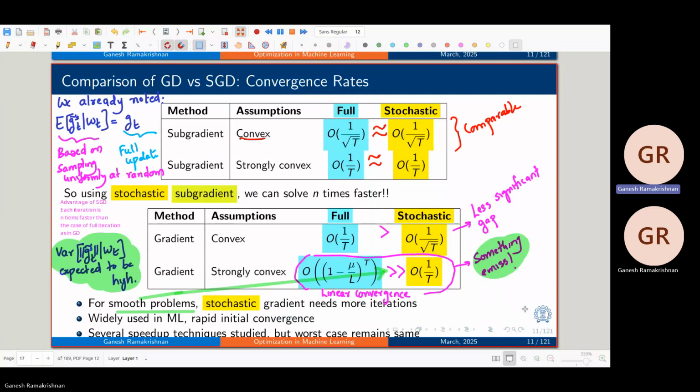That was the smoothness and strong convexity. Actually, this also is with smoothness. 1 upon T is also with smoothness. Stochastic is also with smoothness. The goal was to highlight the gap. We're not being very elaborate here. So this is when you additionally assume smoothness.